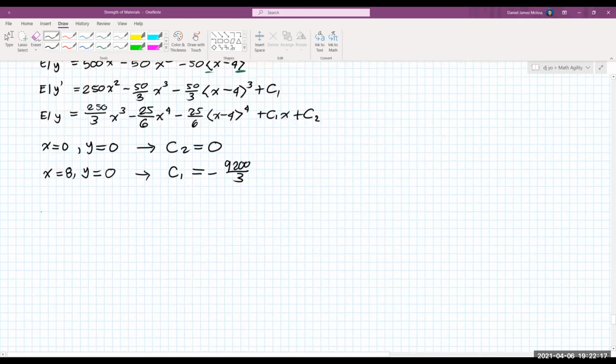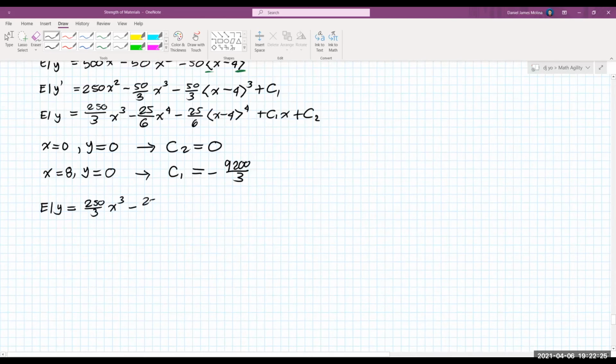So our deflection equation is EIy equals 250 over 3 x cubed minus 25 over 6 x to the fourth minus 25 over 6 x minus 4 to the fourth minus 9,200 over 3 x. Okay, using differential calculus, we can solve for EIy prime and then equate it to 0.